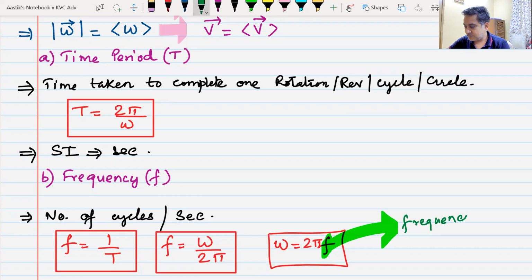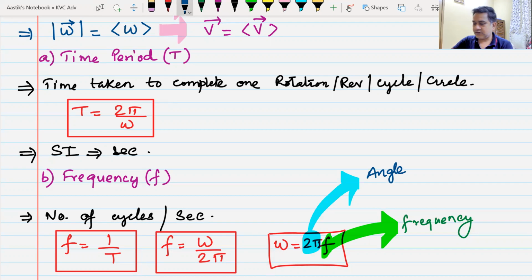What is this 2 pi? That is angular displacement, so this is angle. So omega is angle into frequency.